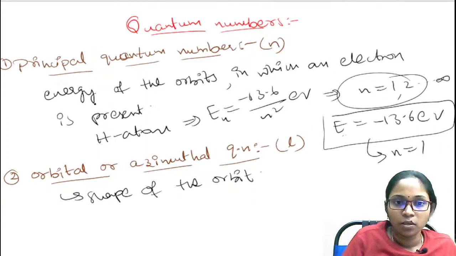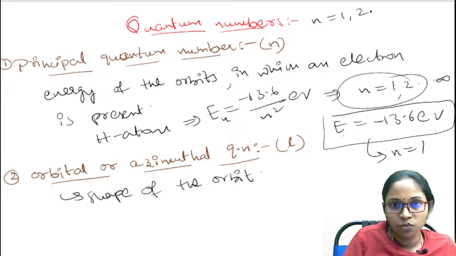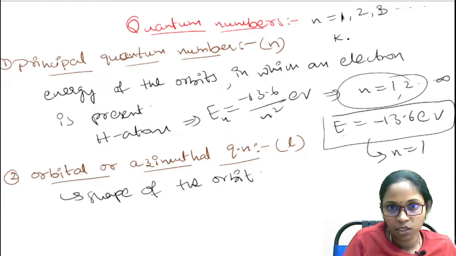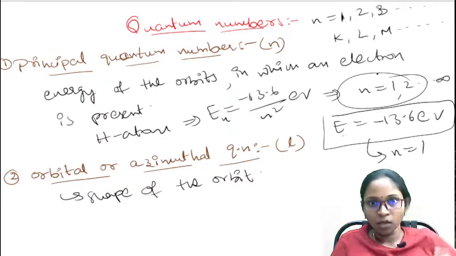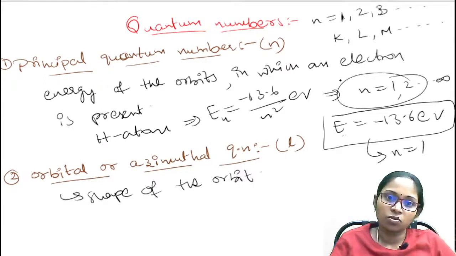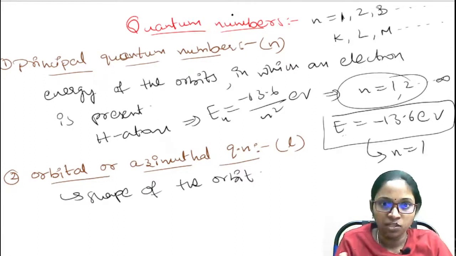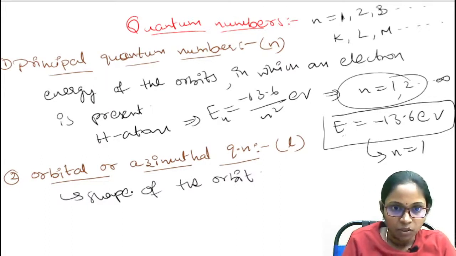And not only that, here in principal quantum number, for n equals to 1, 2, 3 and so on, first orbit can be represented with the K, second orbit is represented with L, third orbit is represented with capital M and so on. You can also represent with KLM. Okay, these are nothing but the shells. You can also say it as shells. Orbitals ni shells kuda anochu.